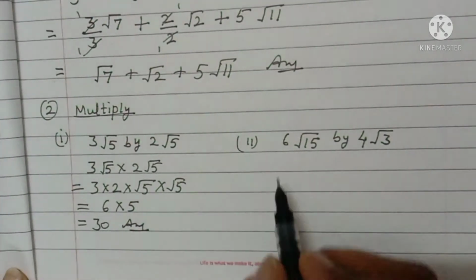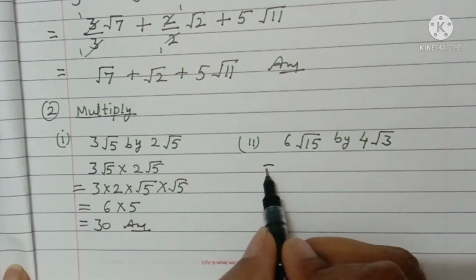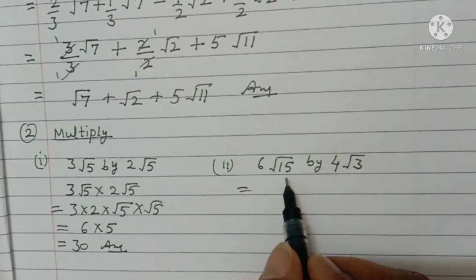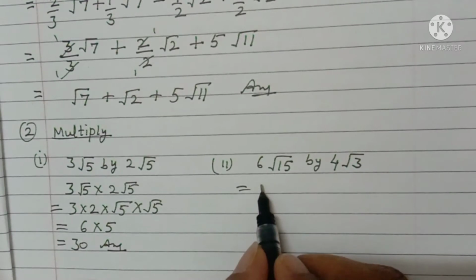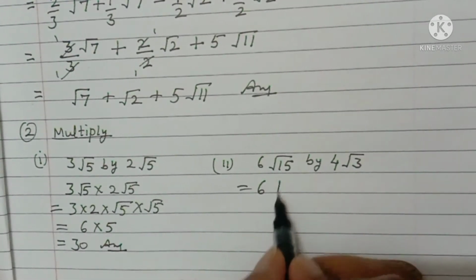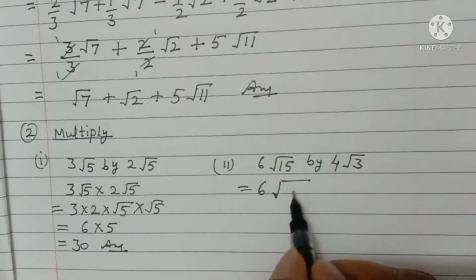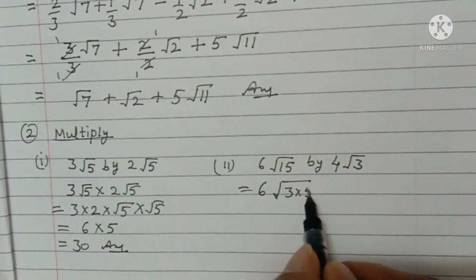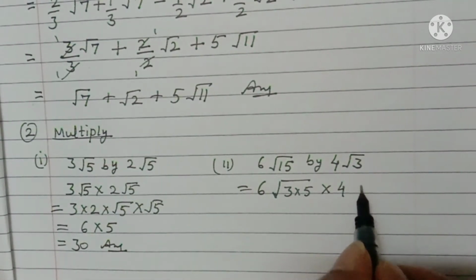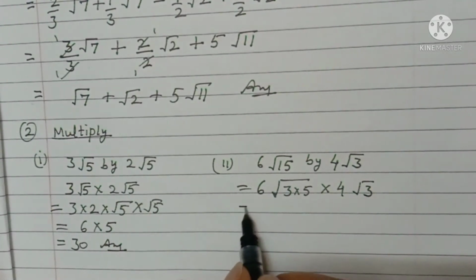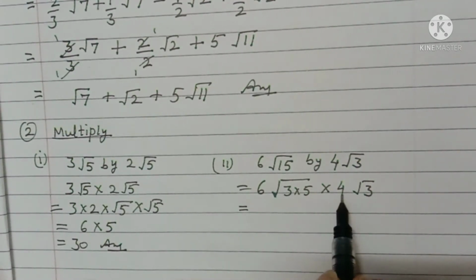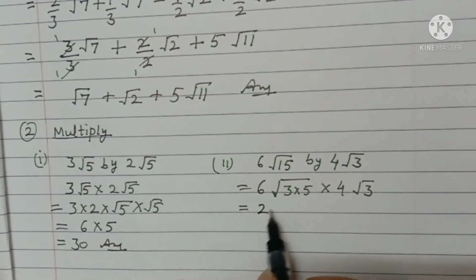Now come to the next part. Here 6 root 15, you break the under root 15 into prime factors. So you can write it like this: 6 root 15 means under root 3 5s are 15, 3 into 5, multiplied by 4 into root 3. Now multiply the numbers. 6 4s are 24.